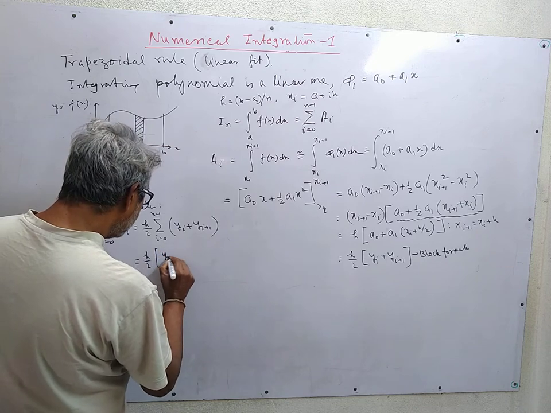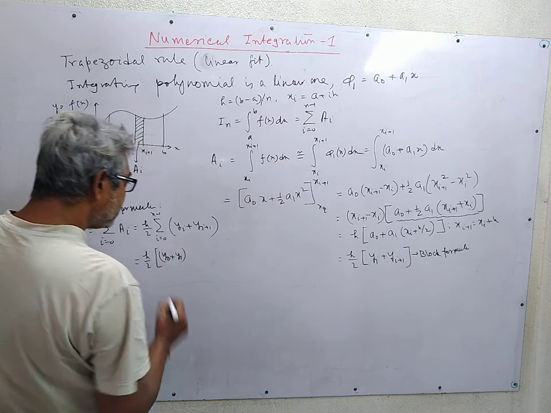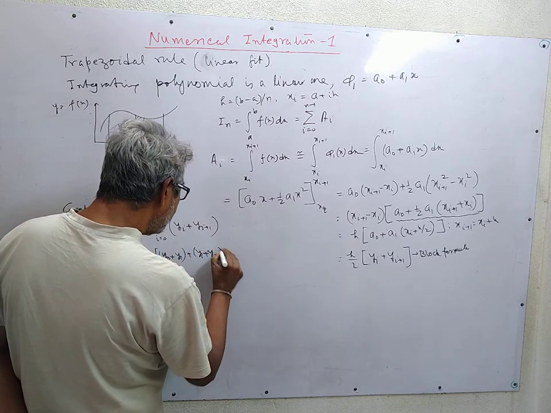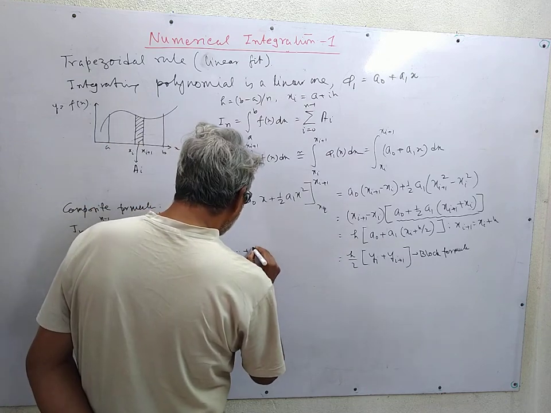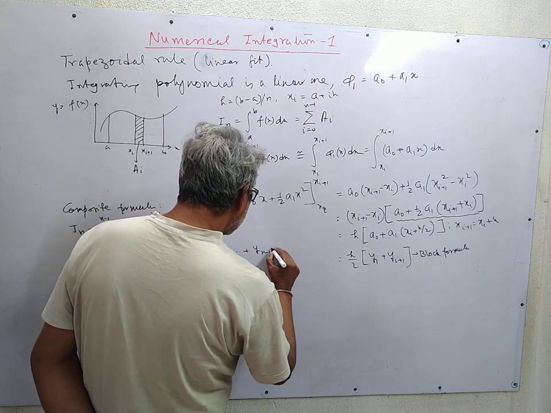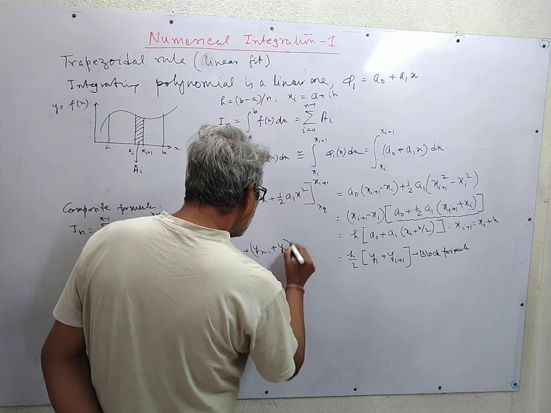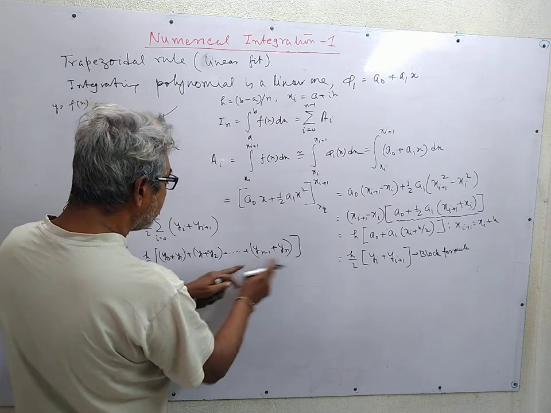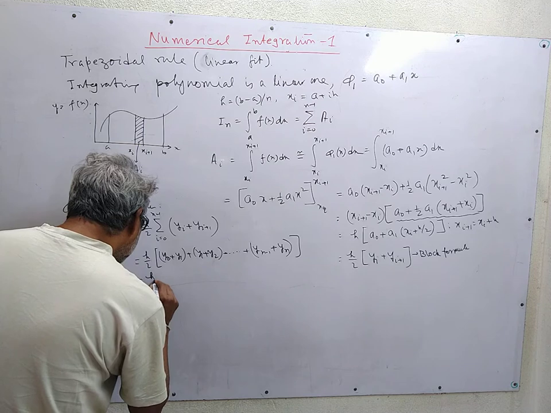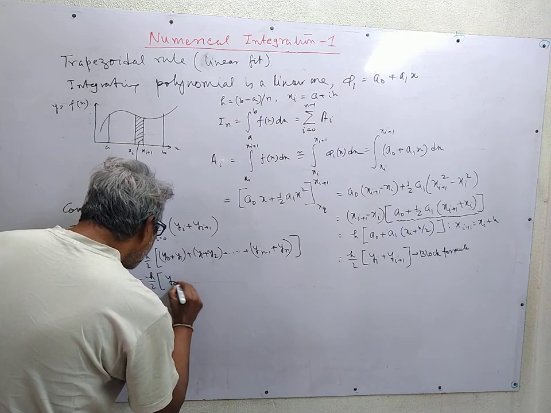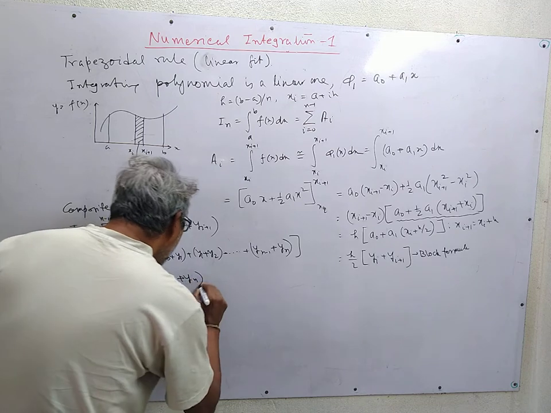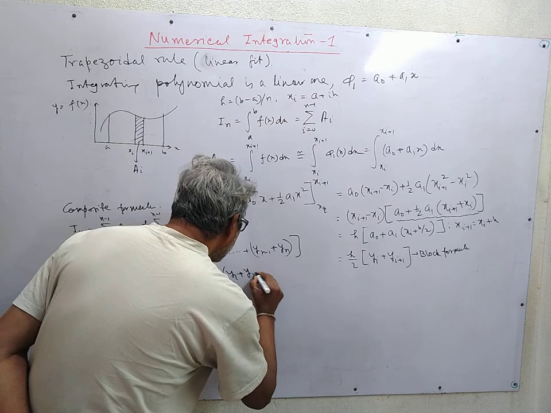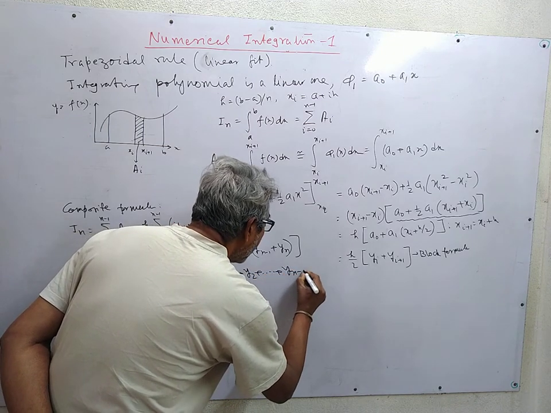The first part is y0 plus y1, for the first block or 0th block, then y1 plus y2 and right up to yn minus 1 plus yn. You see that the first and last values occur once and all other values occur twice. So the result is y0 plus yn plus twice (y1 + y2 right up to yn minus 1).